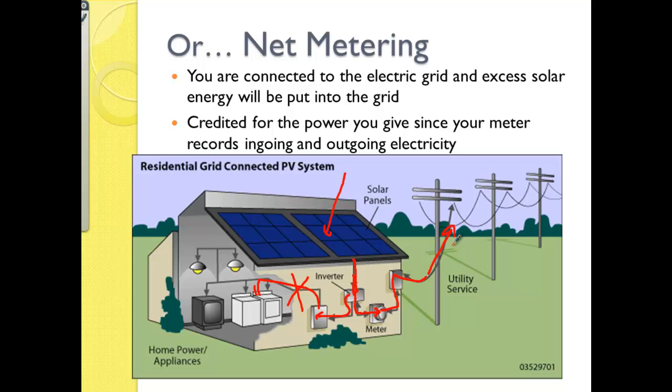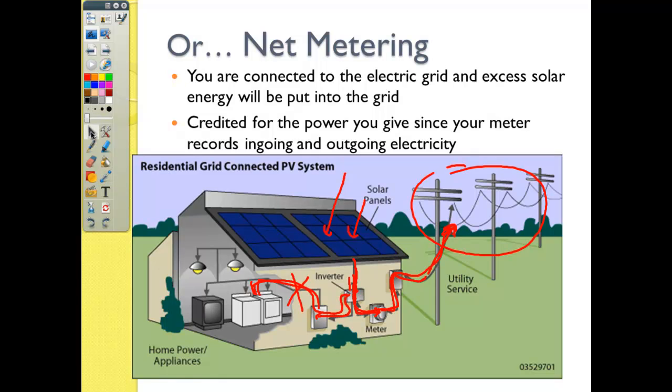So net metering means you're hooked up to the regular grid, like normal, but if you make so much electricity, instead of using it in your house, you send it back into the grid. That's called net metering. If you're off grid, you put all your electricity into a battery bank where it's stored for you to use. But if you're with the grid, whatever you can use, you use.